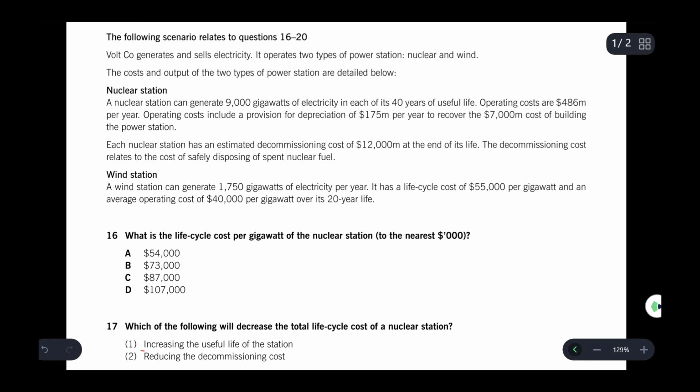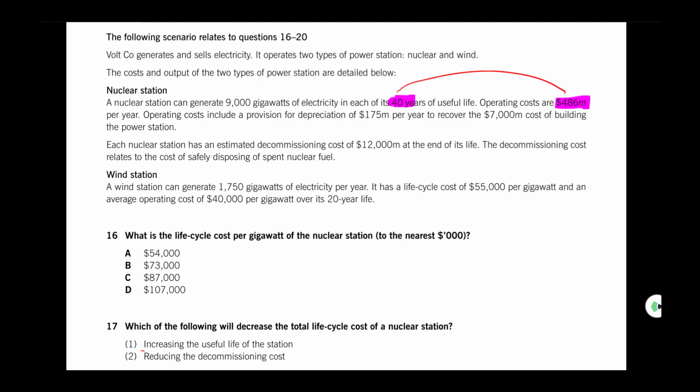We see that the nuclear station will operate for 40 years. And the operating costs are $486 per year. So 40 times 486 will be the life cycle operating costs.